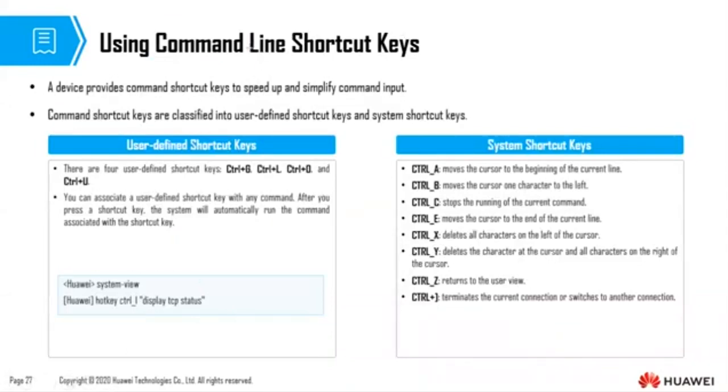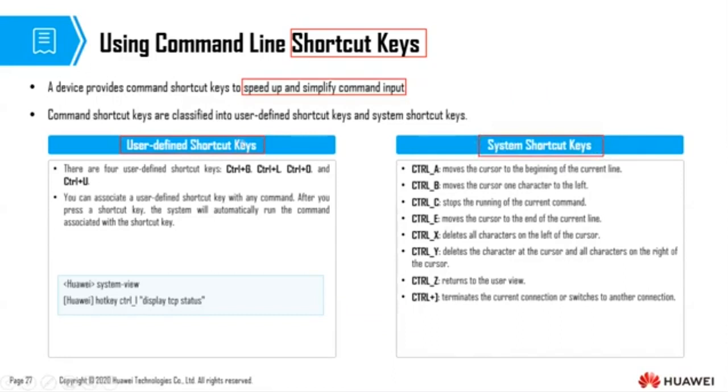Just like any other operating system, VRP also provides keyboard shortcut keys that can speed up and simplify your command inputs. So we have two categories of keyboard shortcut keys: user-defined and system shortcut keys.